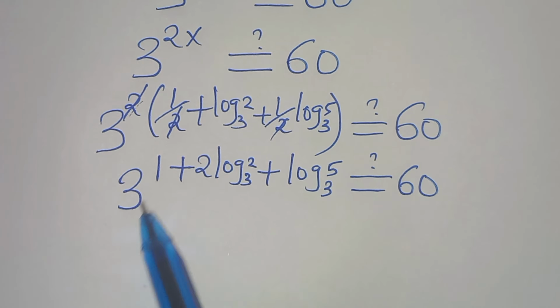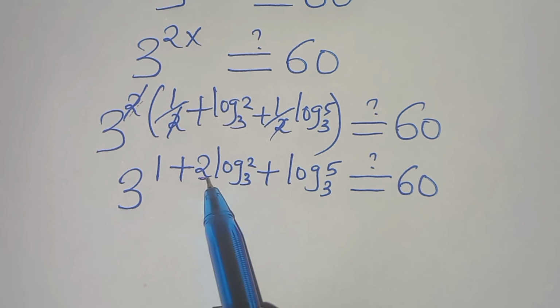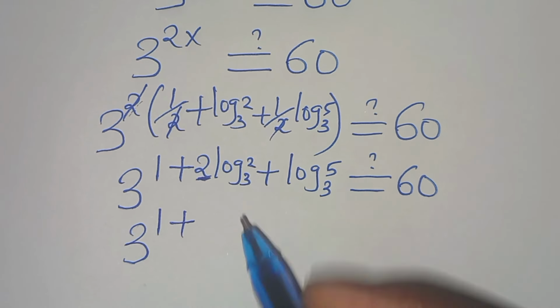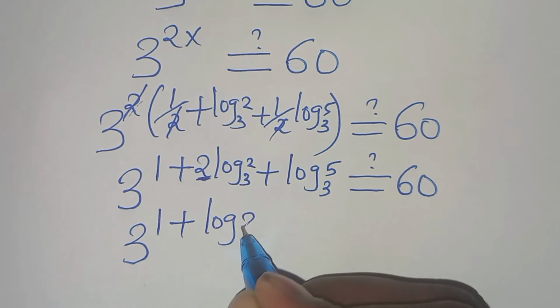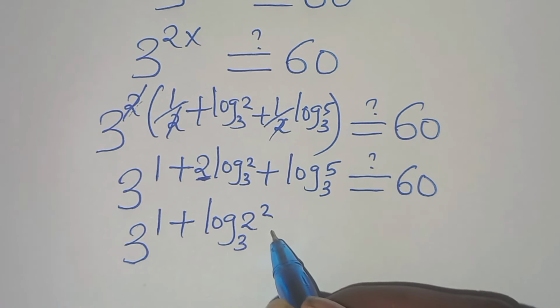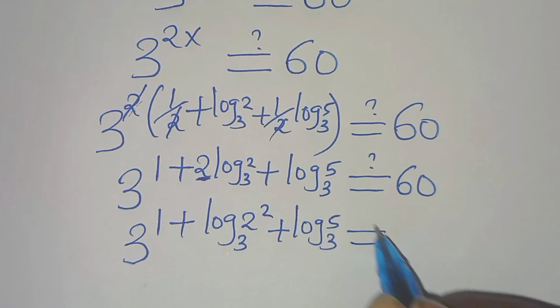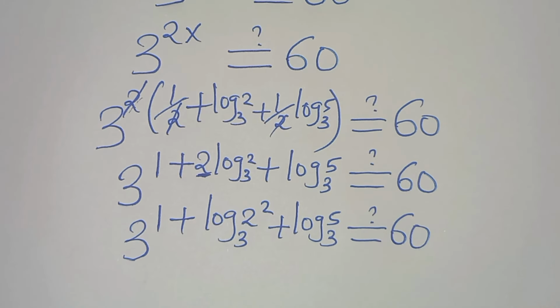Now, 3 to the power of 1 plus 2 is a power here. So we can express this as 3 to the power of 1 plus log 2 to the power of 2 to base 3, then plus log 5 to base 3. This is supposed to give us a value of 60.